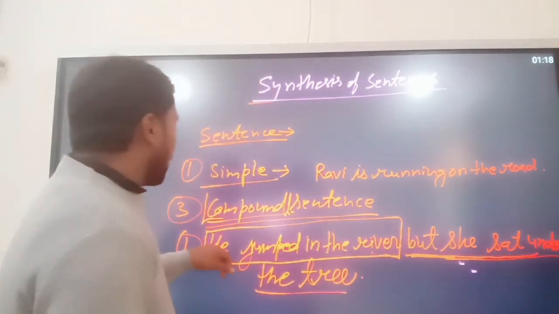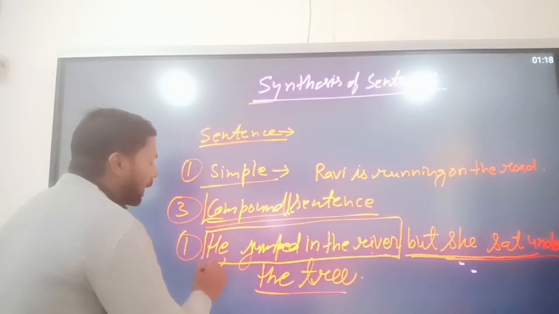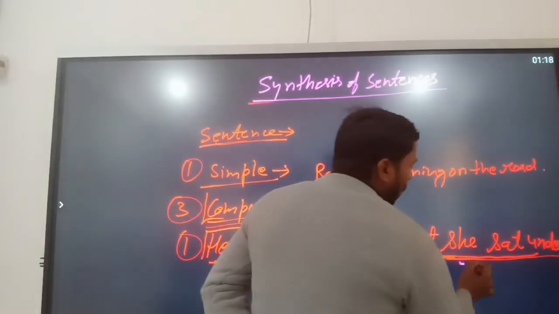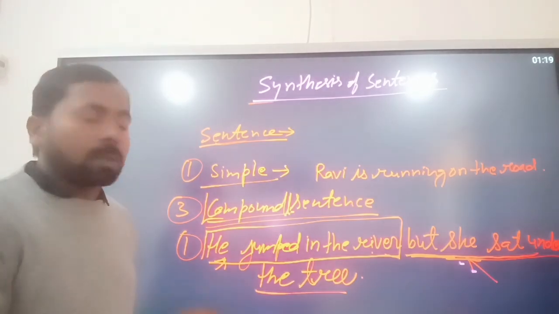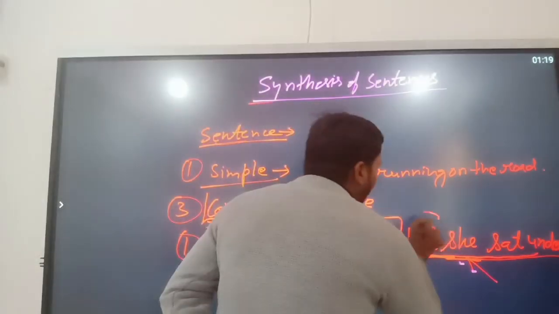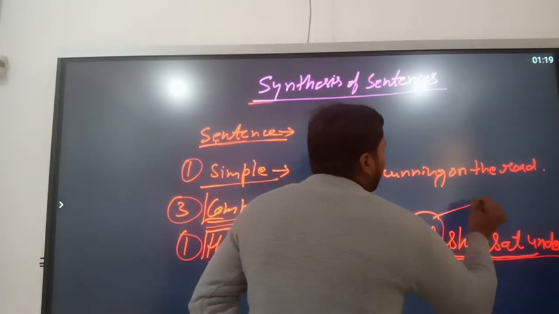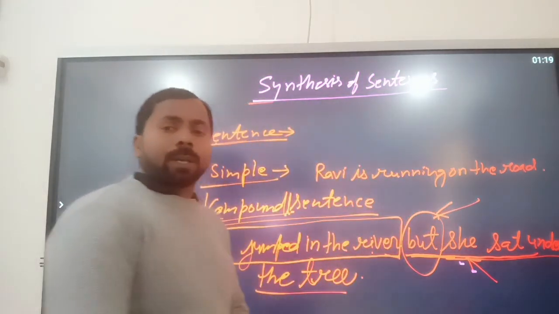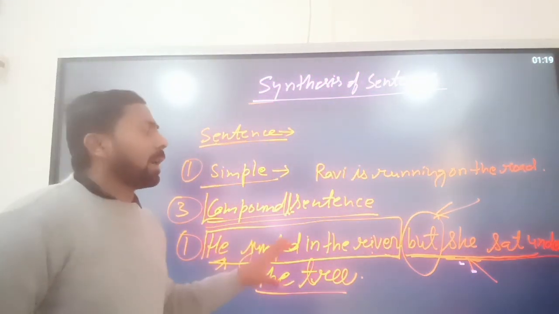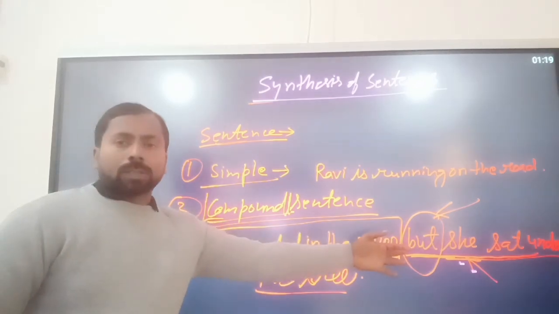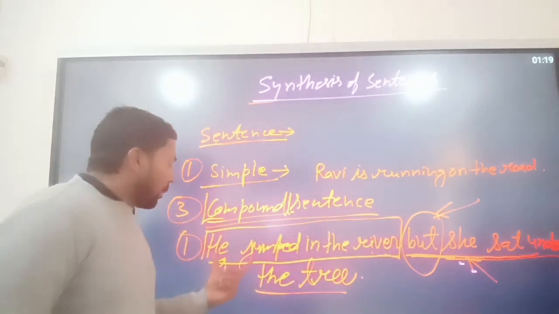Here the principal clause is an independent clause, and the second clause is also an independent clause. But both clauses are combined by a conjunction word, and this conjunction is a coordinating conjunction. So this type of sentence, joined by a coordinating conjunction, is known as a compound sentence.